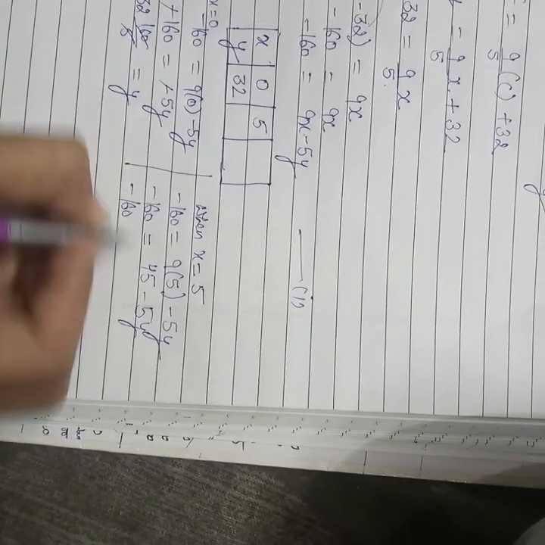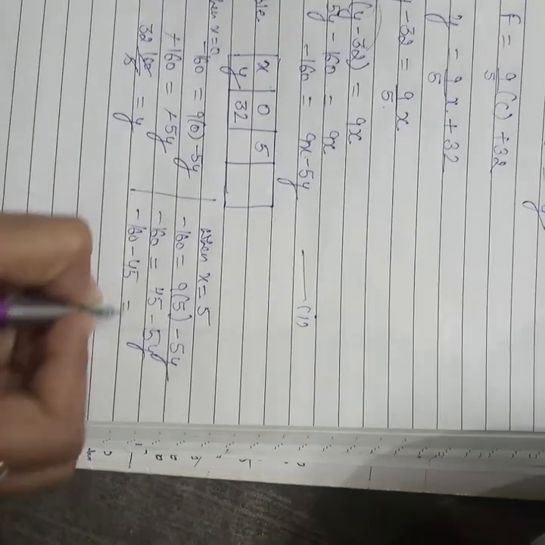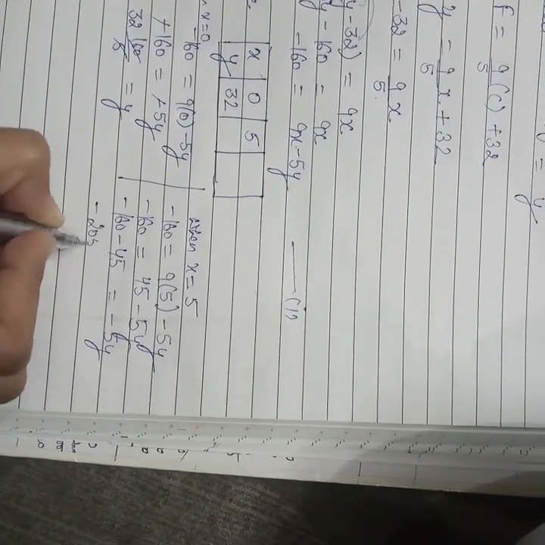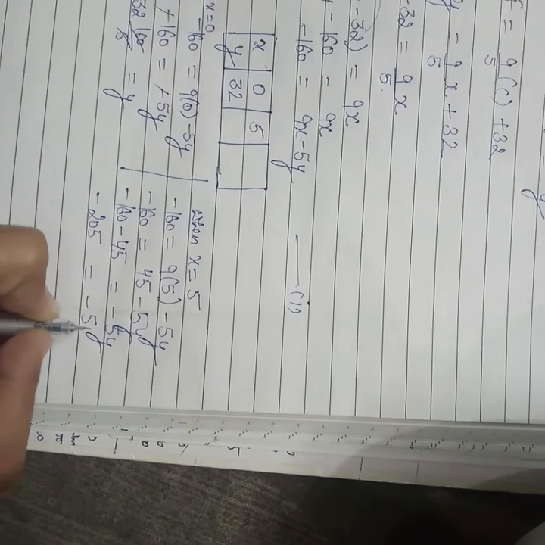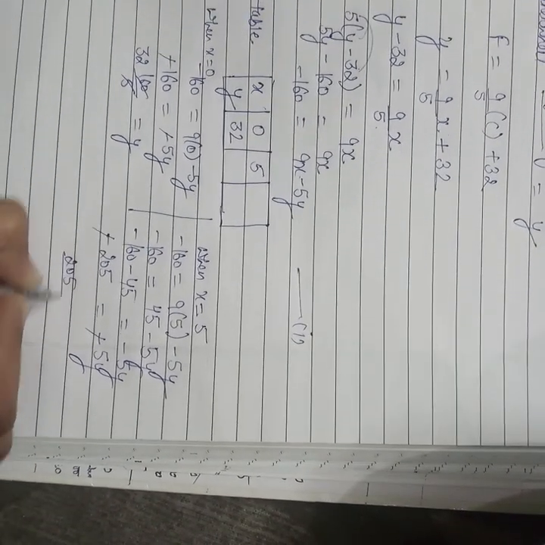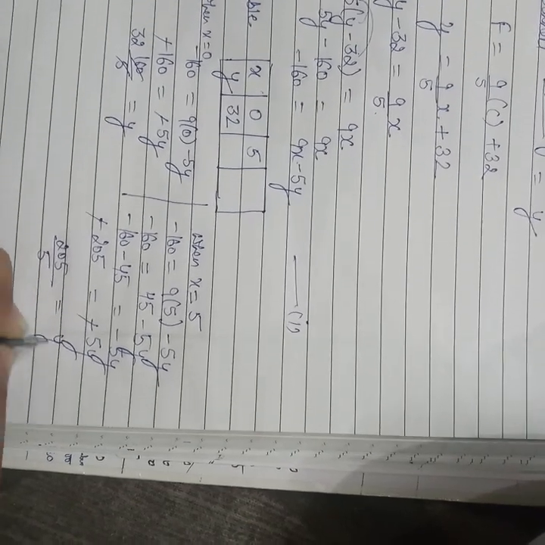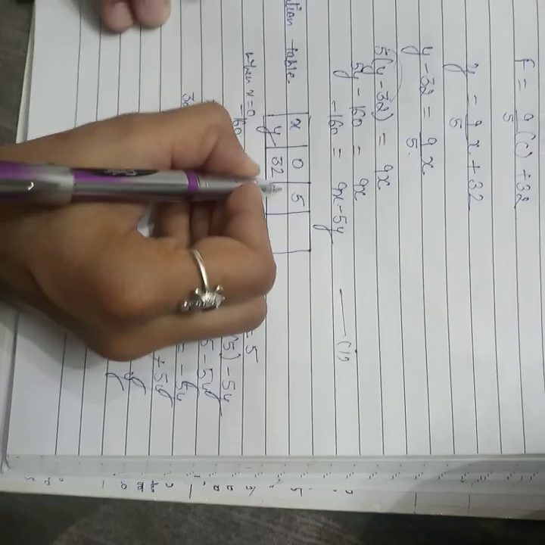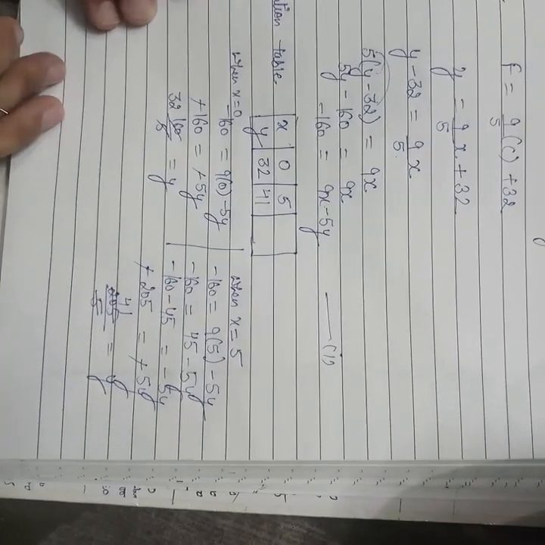Now minus 160, 45 changes to plus 45 on the other side, and by adding this we get 205, which is equal to 5y. 5 and 5 cancel out, and 205 divided by 5, 5 4s are 20, 5 1s are 5, then y equals 41.